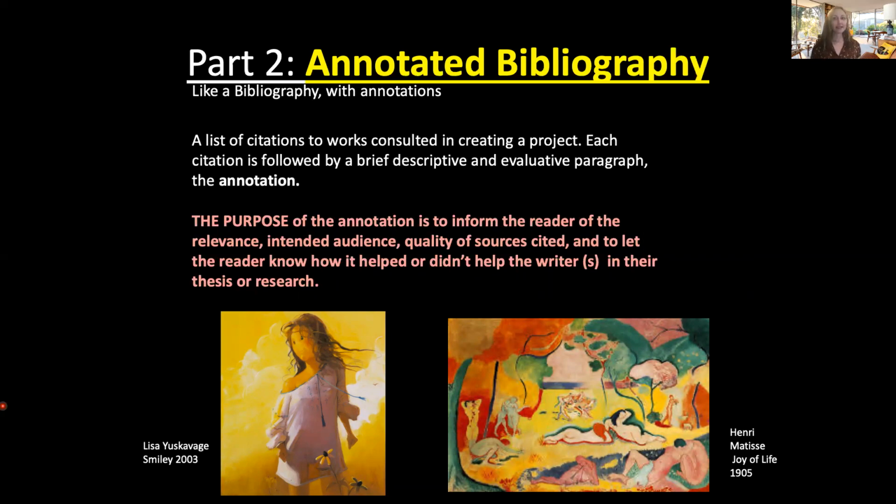It's basically a bibliography in which the citation is followed by a brief annotation, usually about 6 sentences, 150 words or so, which is a descriptive and evaluative paragraph. The purpose of that is to inform the reader of the relevance, the accuracy, and the quality of the resources cited, and usually how helpful it was to their thesis.